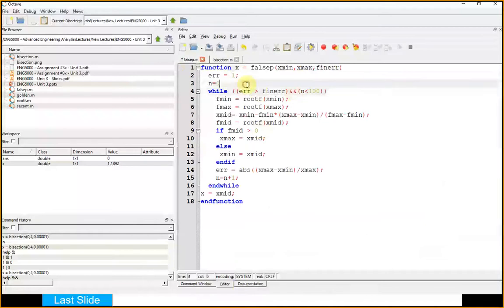Now I can put back my code, save them both. Alright, so let's do it again. Command window. So here's what I'm going to do now.